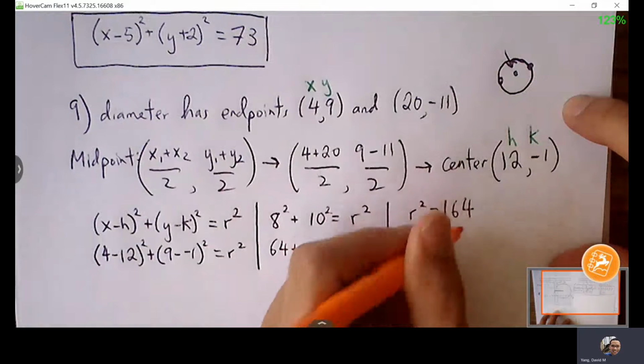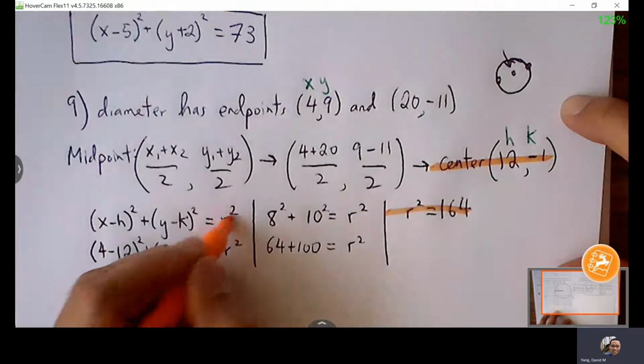Okay, you have your r squared, you have your center, and now I can just put it into your circle equation.